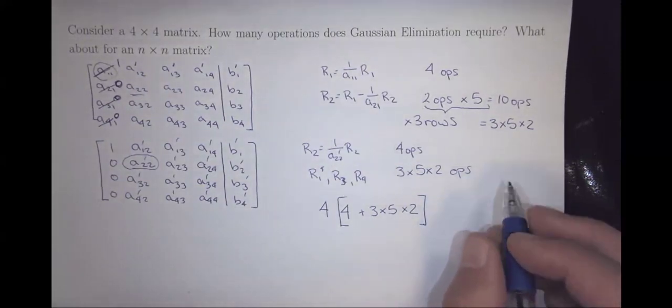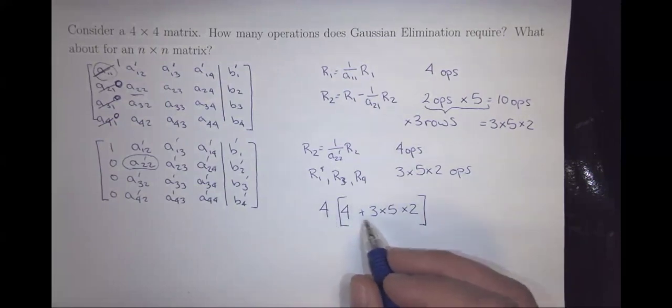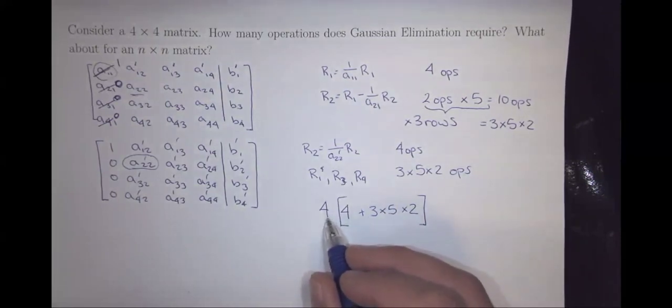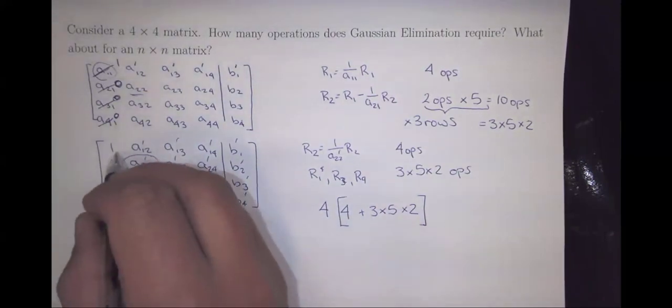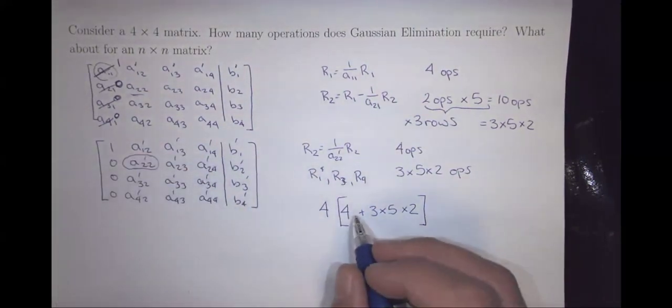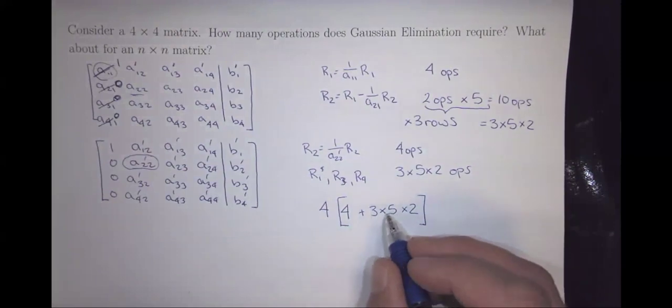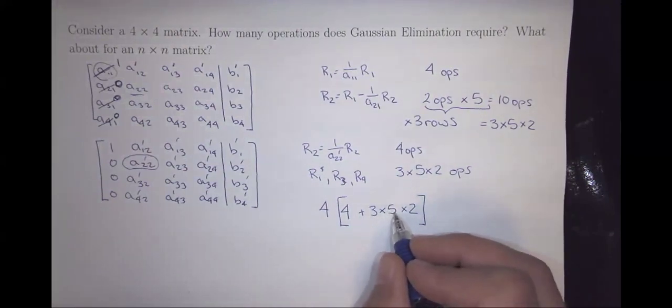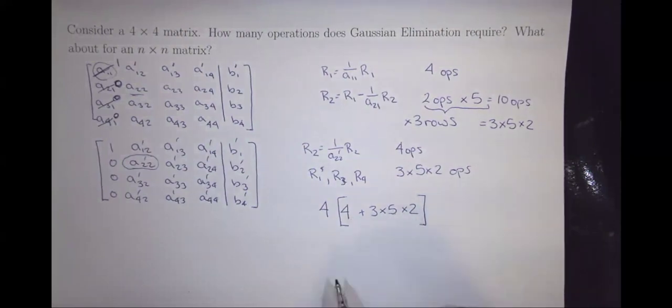Now, again, it's not quite this because we do it for the first one, and we can get away without doing it in the first column. So really that's a 3. This is a 4 here, so it does reduce a little bit.